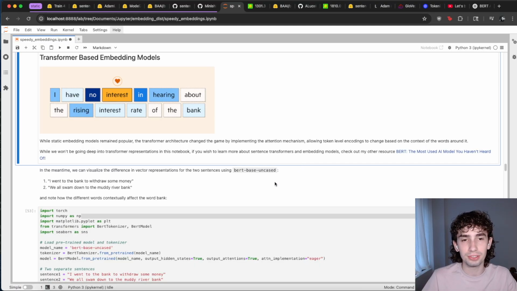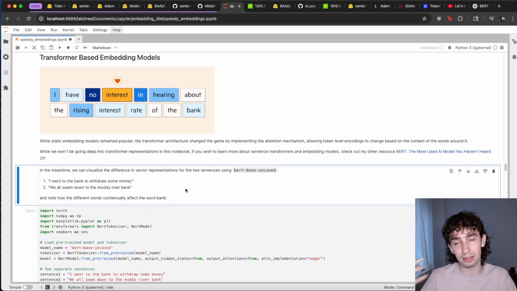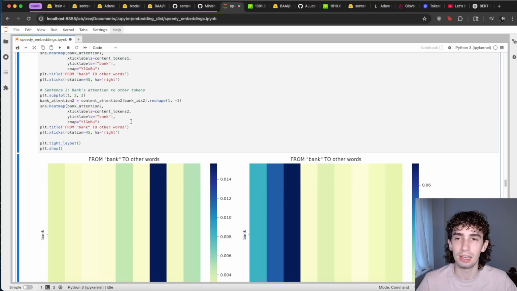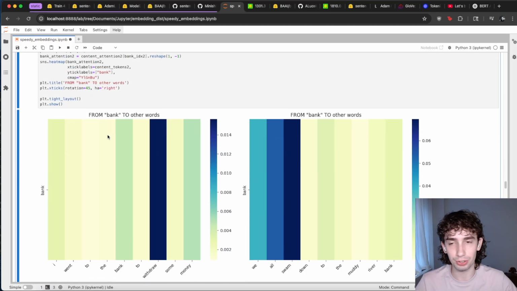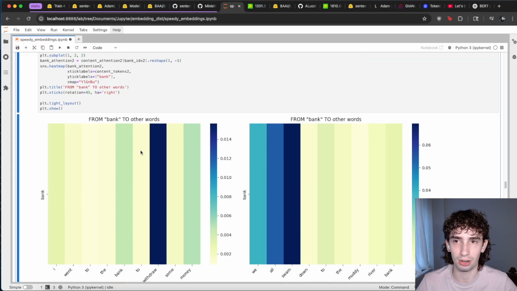We can visualize this real quick by looking at two sentences: "I went to the bank to withdraw some money," and "we all swam down to the muddy riverbank," using BERT-base-uncased, which is one of the base models from Google, uncased meaning that everything is in flat lowercase. Running this through the BERT model, we're going to visualize the attention mechanism within our embeddings.